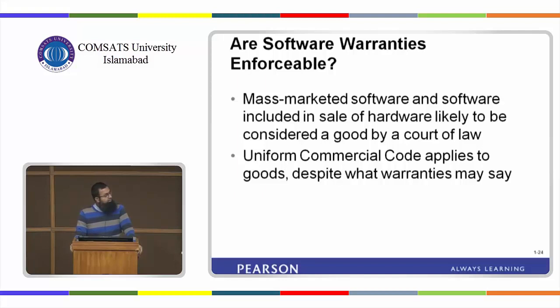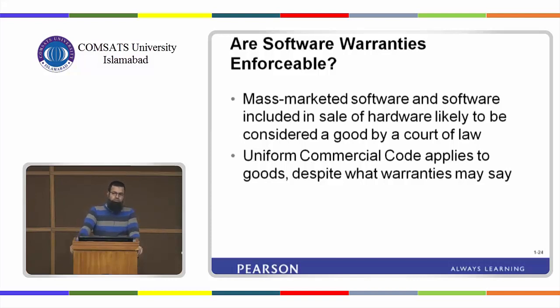Look, there are two possibilities. One is you just take the software. The other one is you take a product and software is part of that product. Okay? There is the Uniform Commercial Code in the US that is a standard document for business and commercial transactions.